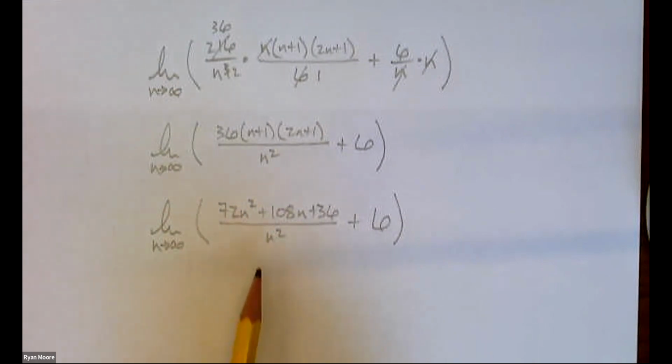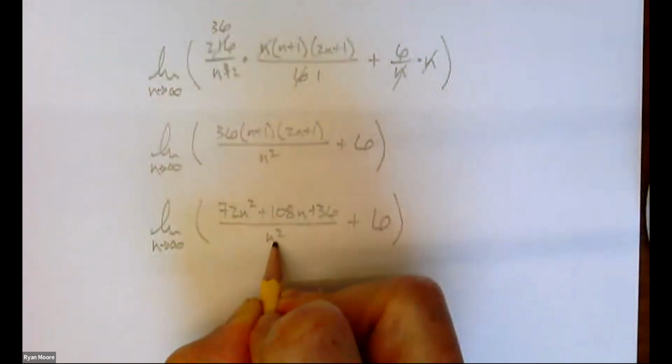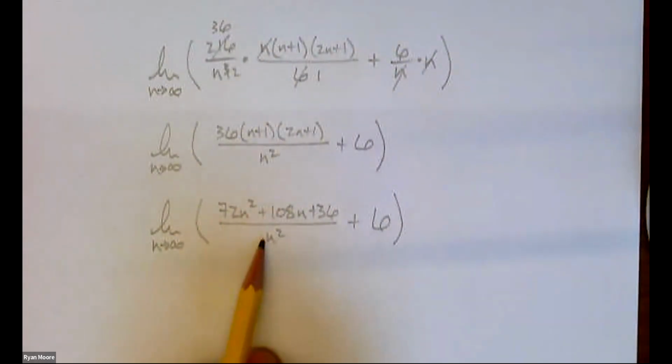Check this out. We've got a rational function with powers of n. One way that we learned how to do this before was divide everything by the highest power of n when we've got a limit as n goes to infinity. We could divide everything by n squared. Even better, because there's only the one term in the denominator, we could actually divide each of these terms separately by n squared and it'd have the same effect.